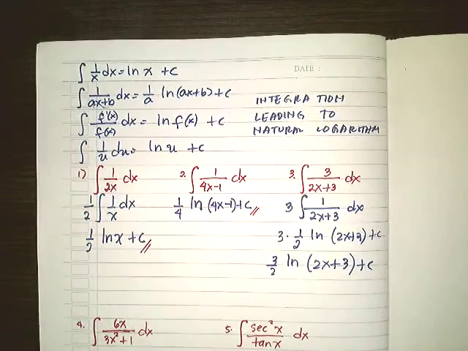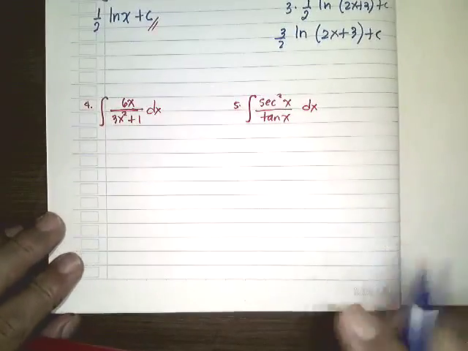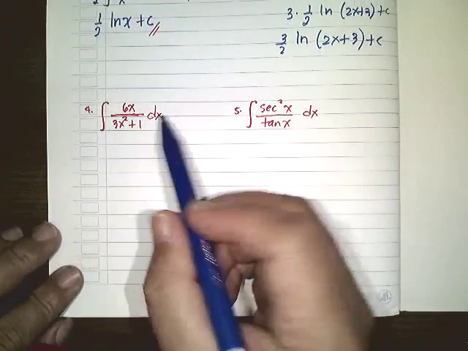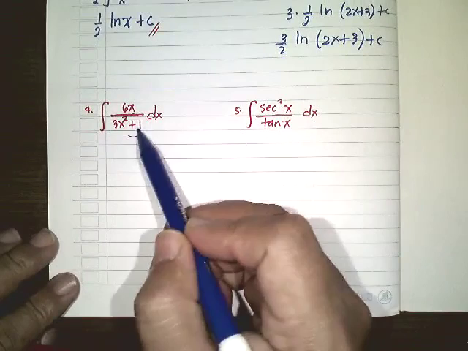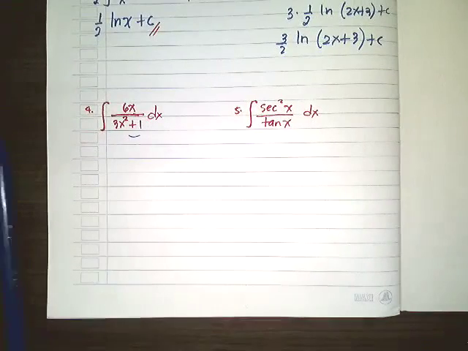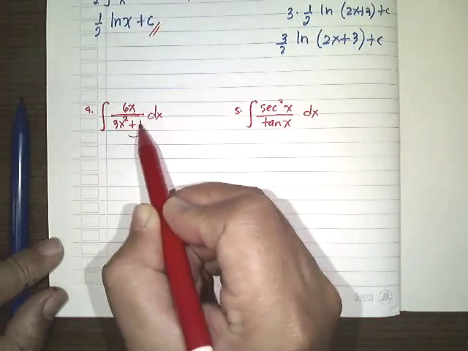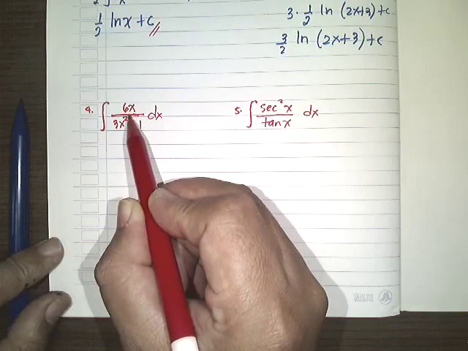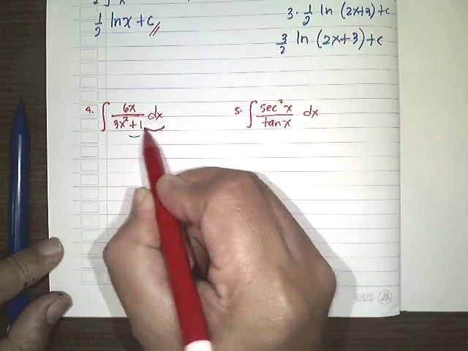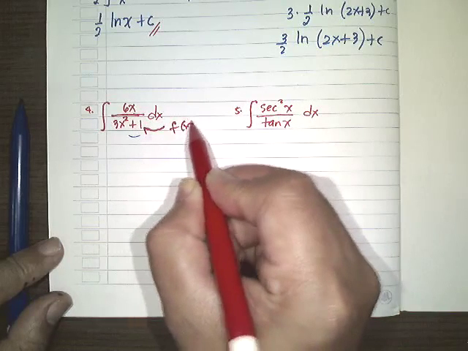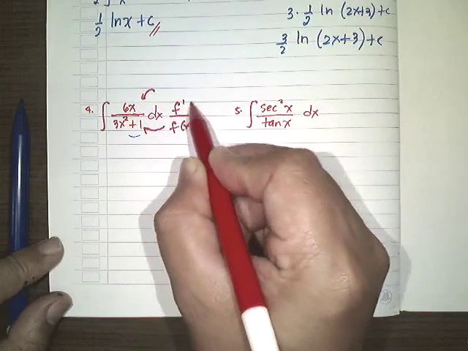Let's proceed to the next example. Suppose I have example number 4. Here, as you can see, we have the integral of 6x over 3x squared plus 1 dx. If you notice, the derivative of the denominator is equal to 6x. So this follows the form where the denominator is your f of x, and above it is the f prime of x.